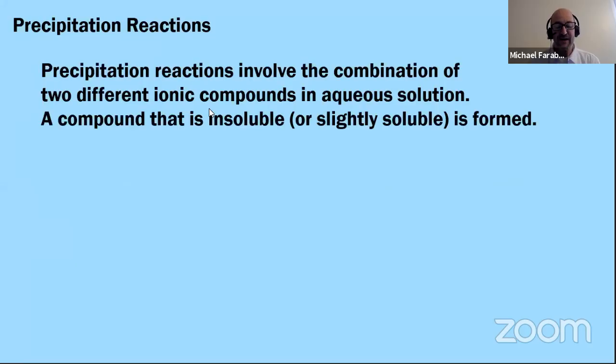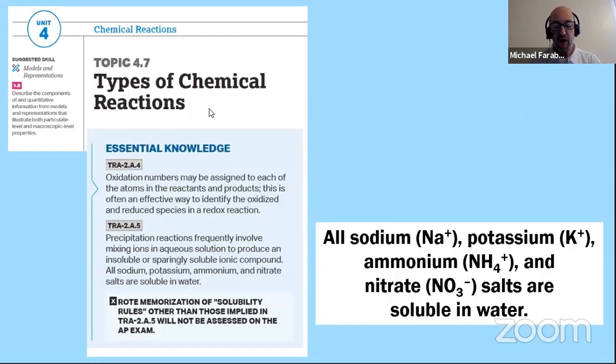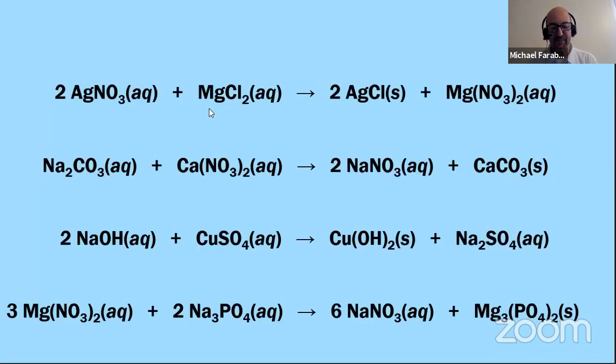All right, we talked about in the lesson yesterday about precipitation reactions in which you form an insoluble or slightly soluble compound. I've already said that the solubility rules include sodium, potassium, ammonium, and nitrate. These compounds are always soluble in water. So here are 4 examples of precipitation reactions.